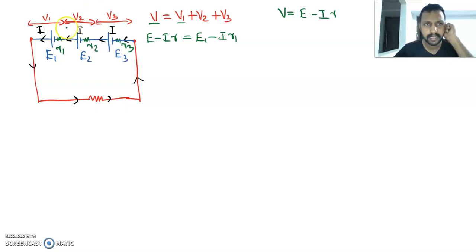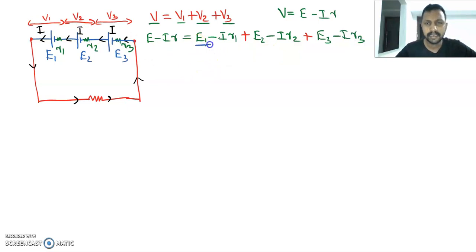Then let's write the plus sign over here. And what is V2, the potential difference across the second cell? It should be E2 minus IR2, since the current flowing through all cells is the same. Then plus V3, which should be E3 minus IR3.